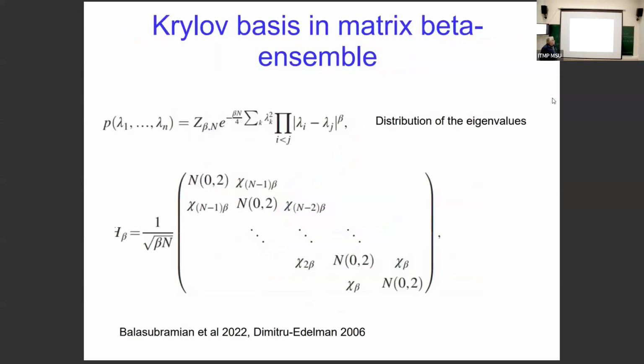Now we would like to apply the Krylov basis to evaluation of autocorrelators. So we consider an operator at time 0 and its correlation function with the same operator at time t.